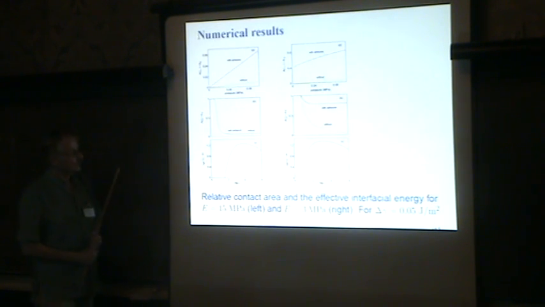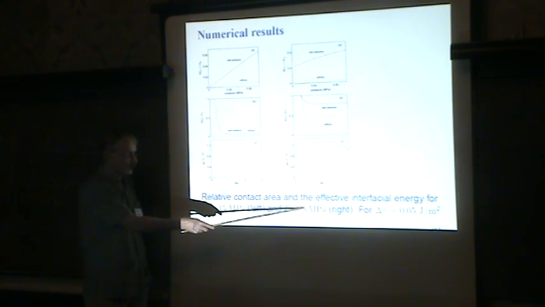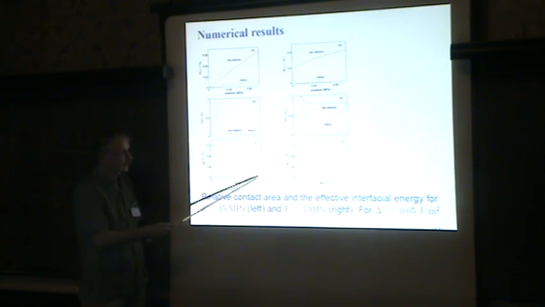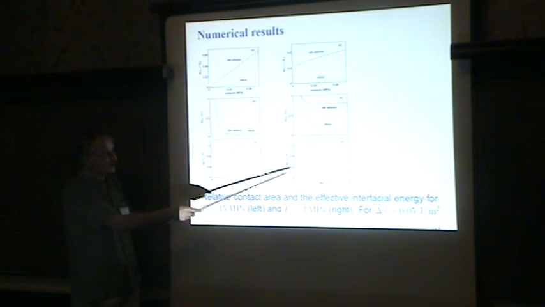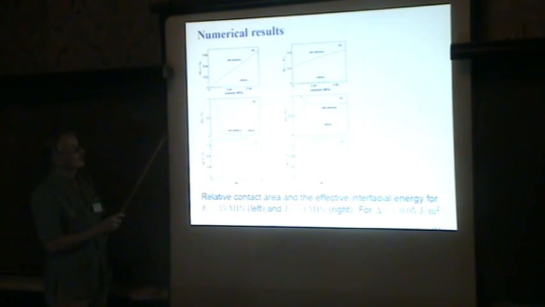And here I show you two examples. In one case I have a rather high elasticity material, 15 megapascal, and in the other case I have a softer elastic material. On this side it's stiffer, and on this side it's softer. For the stiffer material, the top figure shows the area of contact at the highest magnification.